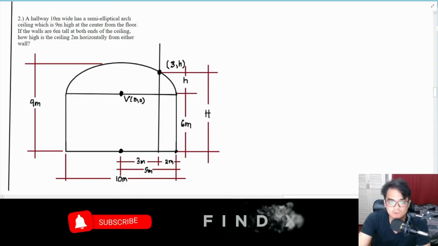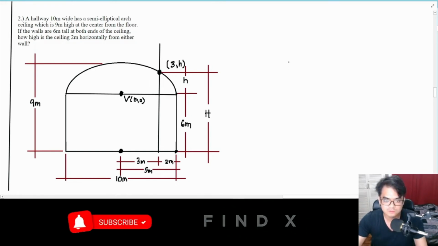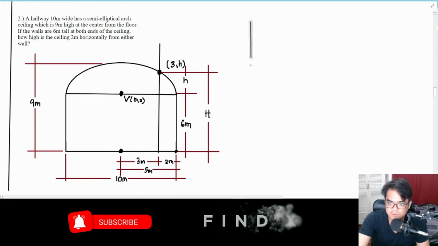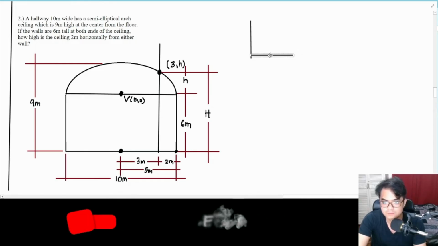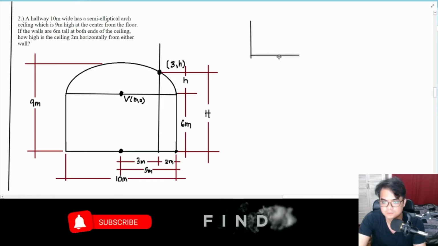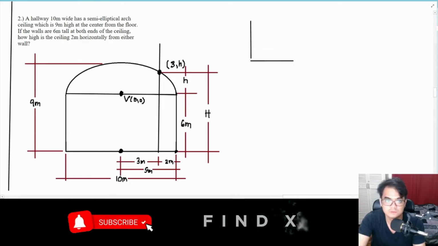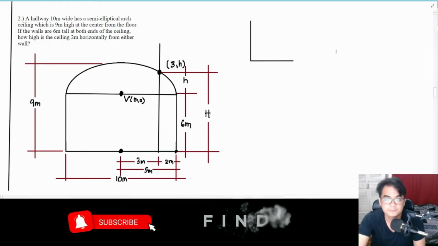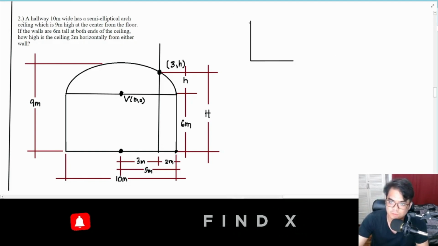Okay, so I will now isolate this part. Isolating that part, you'll have something like this. This is the first one. And then an arc. I'll just draw it manually.